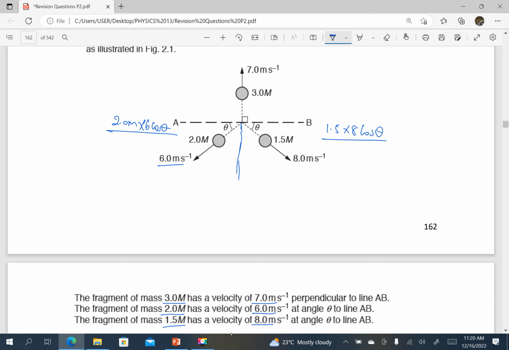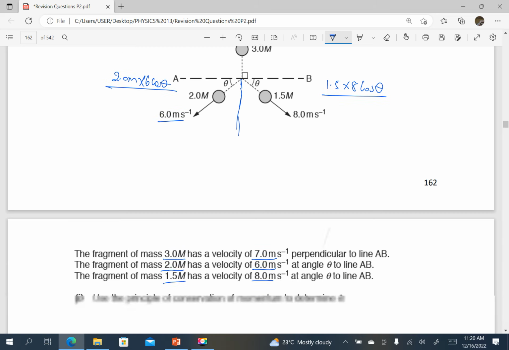These are equal in the horizontal, so cos theta is going to cancel out. So that doesn't make any sense.